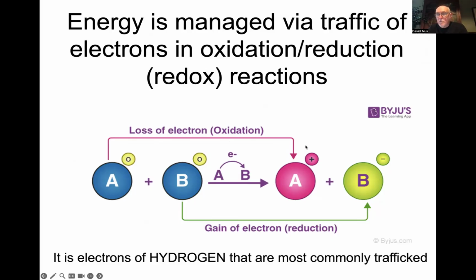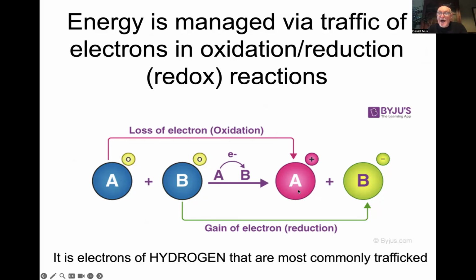The electron has to go somewhere, and it is donated to another atom. So the loss of the electron is oxidation. And here is the oxidized form of A.